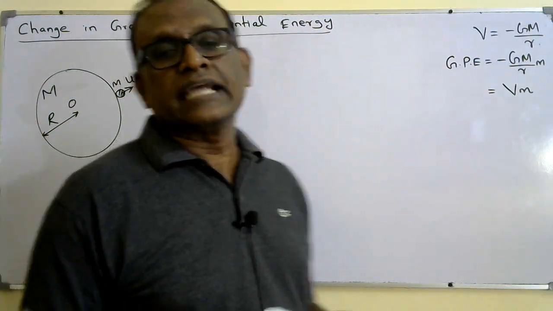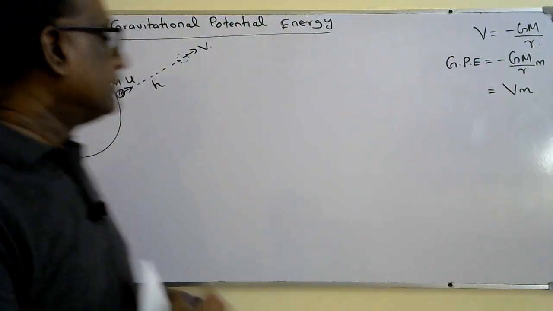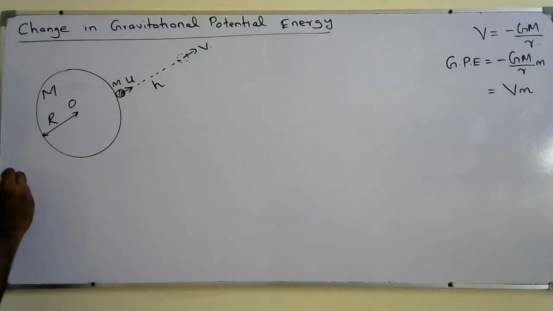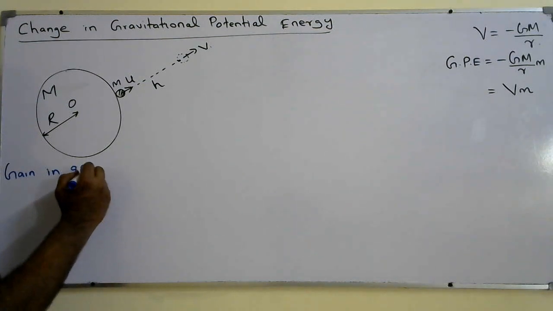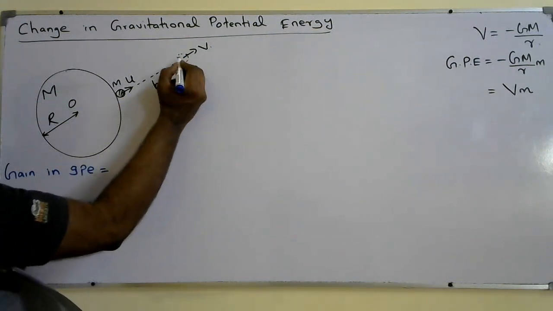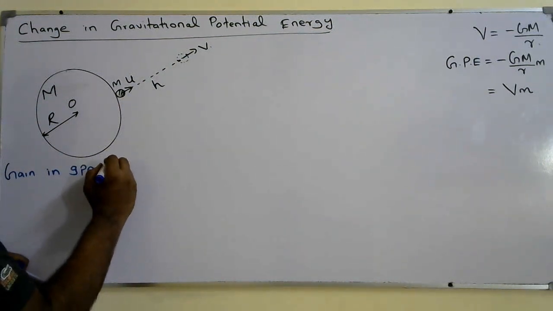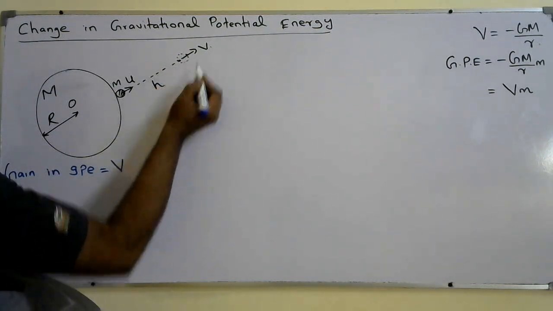So gain in GPE here is the final GPE, that is, the potential at the final point, Vf into m, minus Vi, the initial potential on the surface, into m.